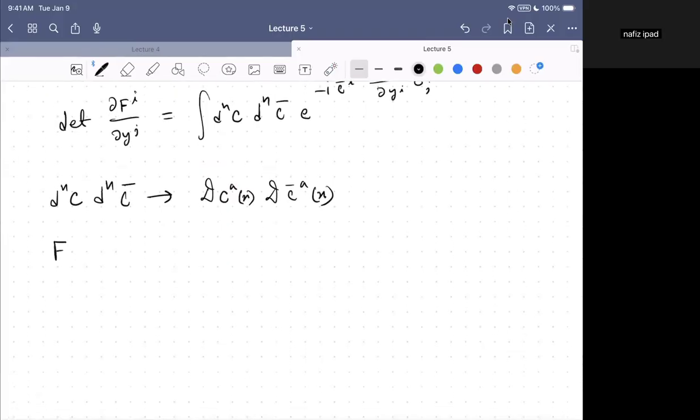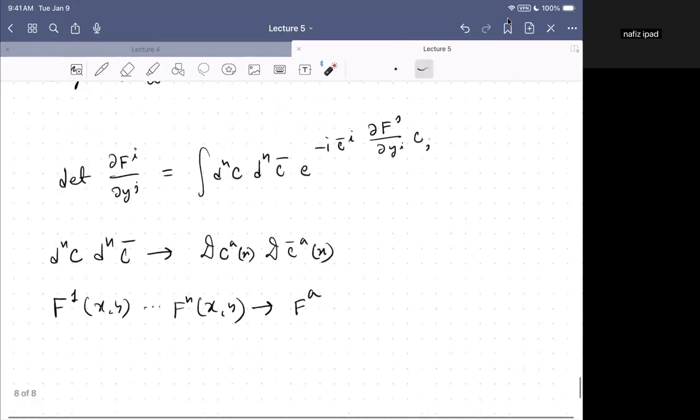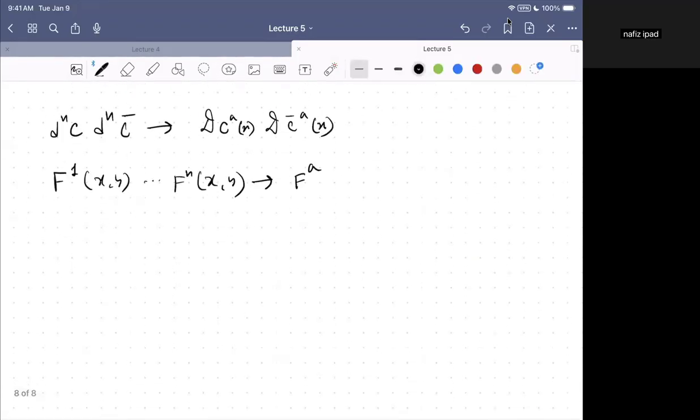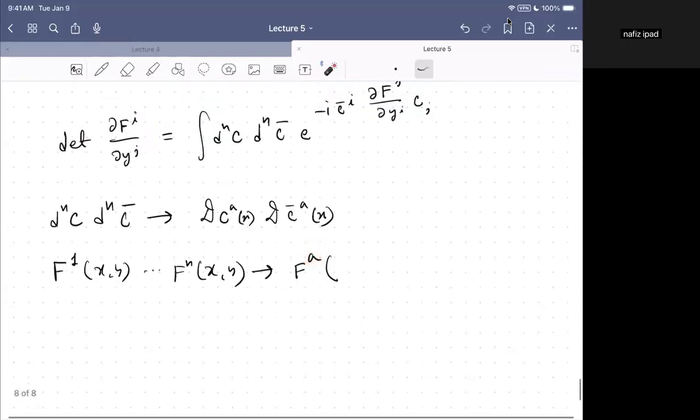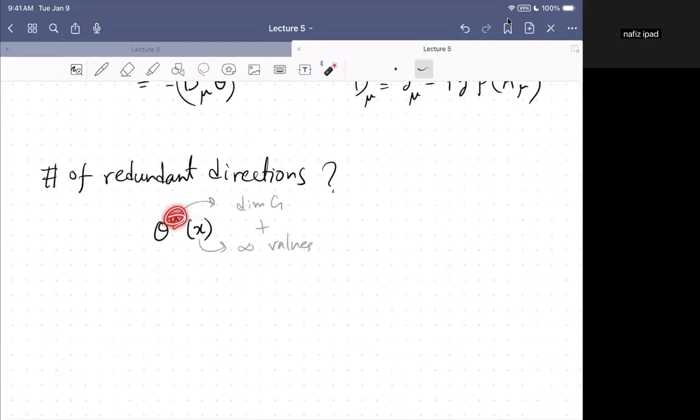Okay. Now, what about our gauge fixing functions? So we had f_1(x,y) ... f_n(x,y). We have to find something. So again, for each direction, we had one function. So now, again, for each direction, we need one function. And these functions depend on the integration variables. Now, our integration variables are these fields, phi, psi, A, etc. So now we want functions that are valid in the Lie algebra because, just a reminder, we have these Lie algebra indices in our parameters.